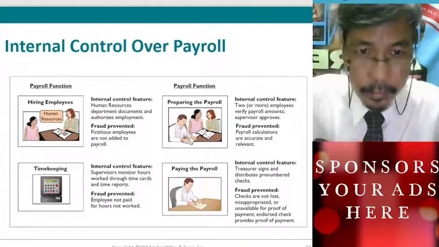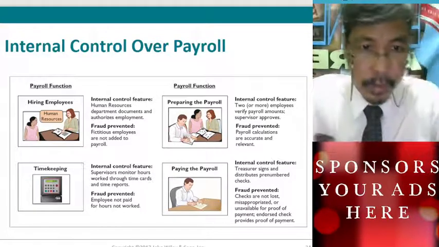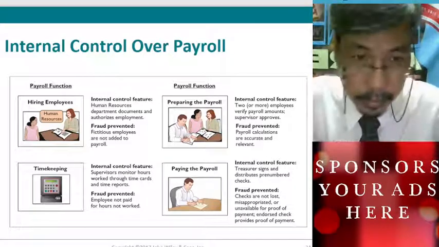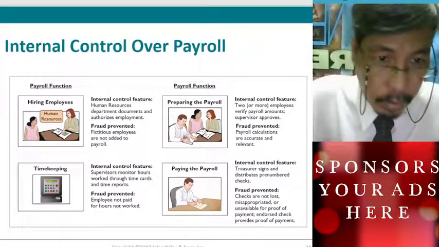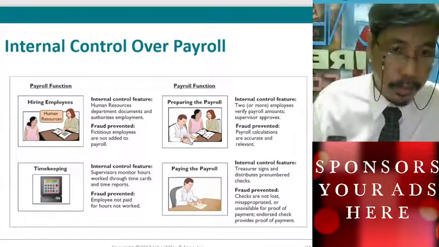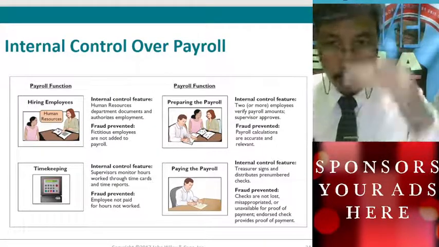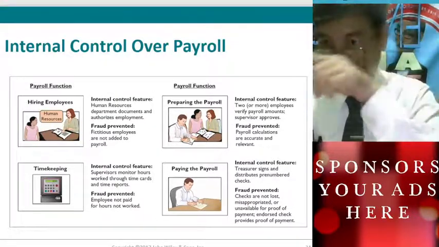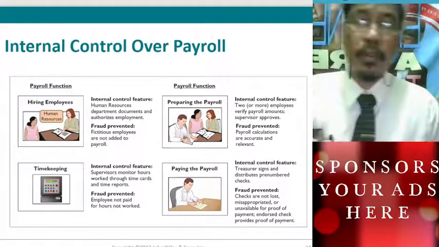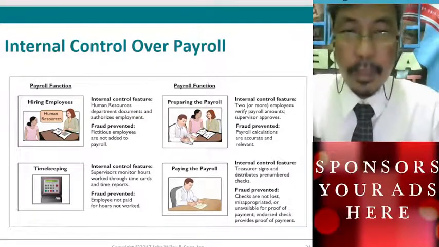Paying the payroll. Internal control procedure: the treasurer signs and distributes pre-numbered checks. Fraud prevented: checks are not lost or misappropriated, and the check provides proof of payment. Because of pre-numbering, you can track which number is which. All of these are good internal controls over payroll.